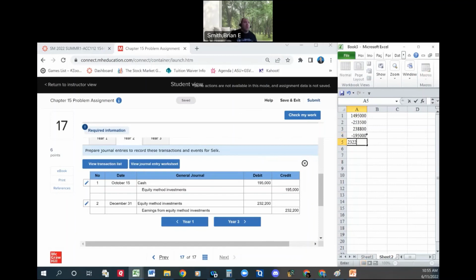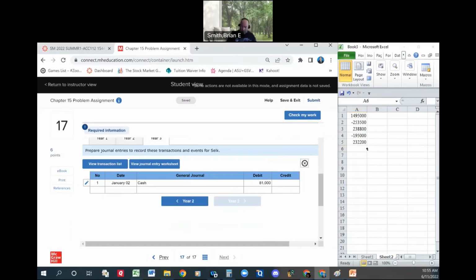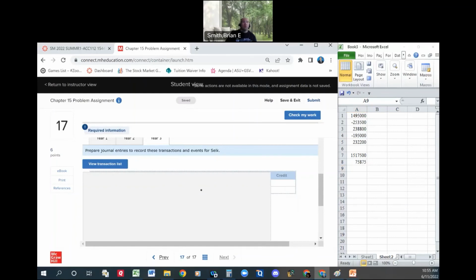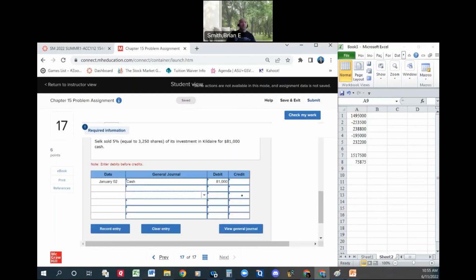And then in year 3, we're looking at the sale. So what we're going to do is net all of this. So we have $1,517,500. We're selling 5% of this. So we're selling $75,875.